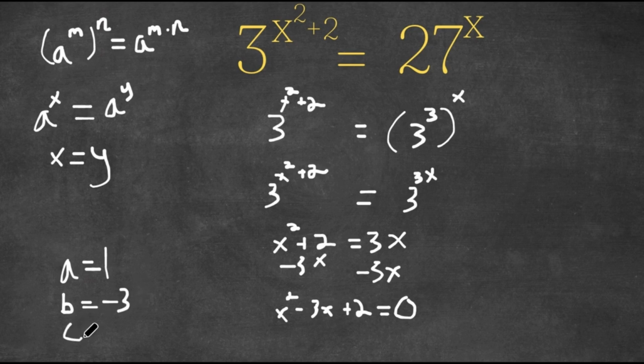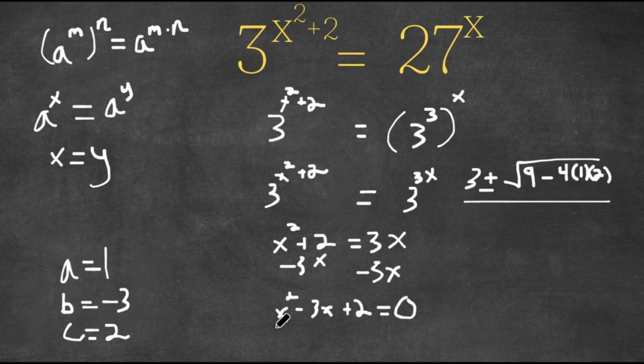and c is 2. So now if we plug this into the formula, we get negative b, so 3, plus or minus the square root of negative 3 squared, which is 9, minus 4 times 1 times c, which is 2.